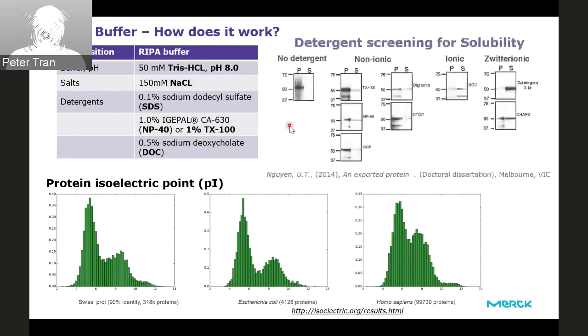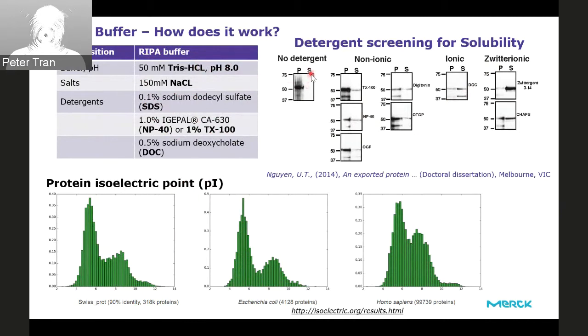Okay, and I want to show you this experiment, how you can screen detergents for protein solubility. You can start with a very basic buffer, with Tris-HCl, and add 1% of each detergent in each lysis buffer. You can do the detergent screening and analyze it by Western blotting.